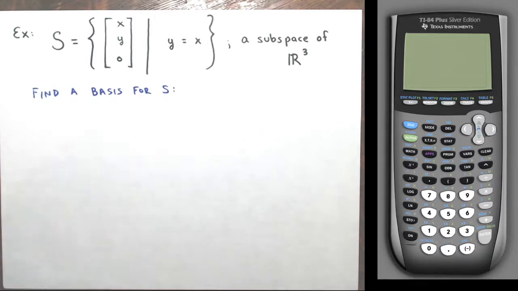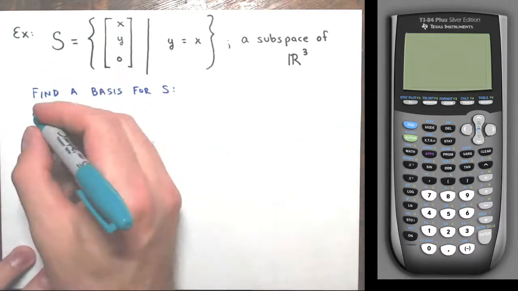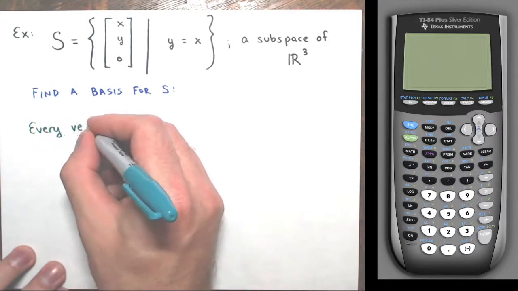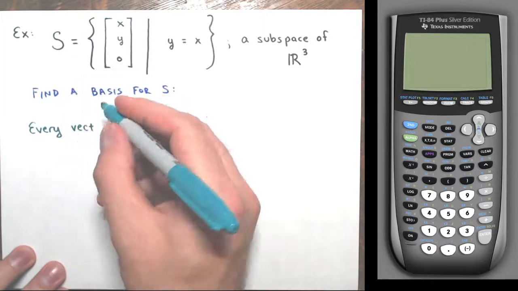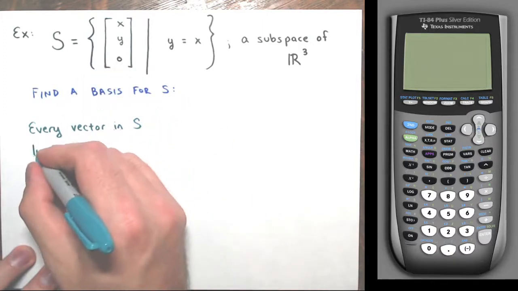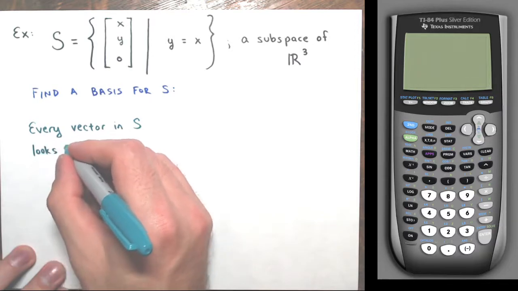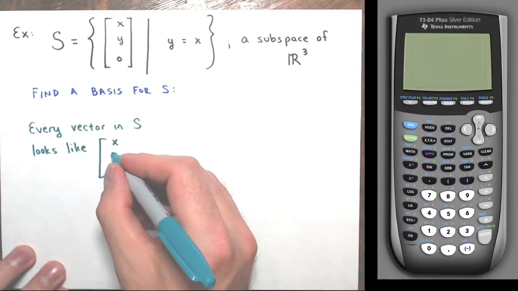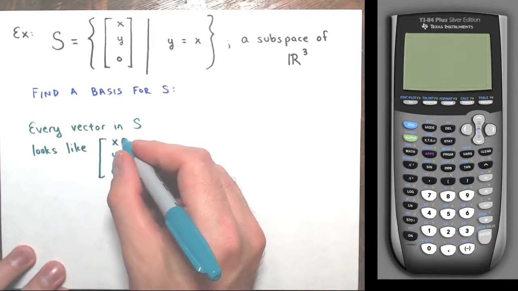And also, the set of vectors is linearly independent. So just as last time, I'm going to take a look at what the vectors in S look like. Every vector in this subspace S looks like this. You have a first component x, a second component y, and a third component 0.